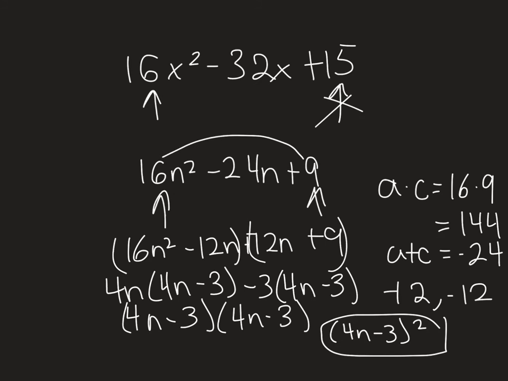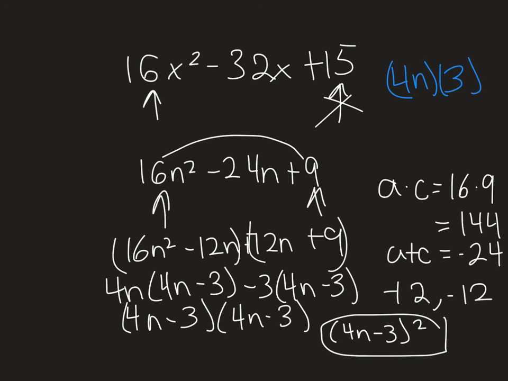How could we have found that out without having to go through all that? Well, we would take the square root of the first term, so the square root of 16n squared would be 4n. And the square root of 9, which comes from here, is 3.